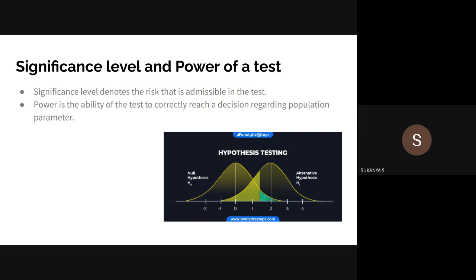That is, it is probably coming from the null hypothesis, but you're stating that your null hypothesis is true. You actually took a sample under this population only, but it is at the edge of this population. It just happened to be at the extreme end of this population. Just because of that, you are willing to take that risk.